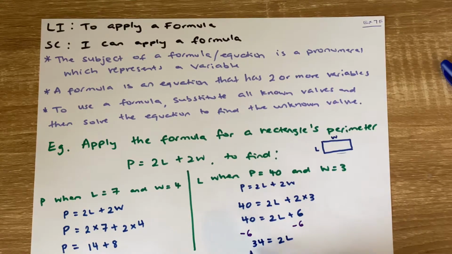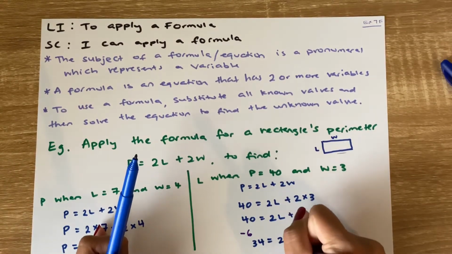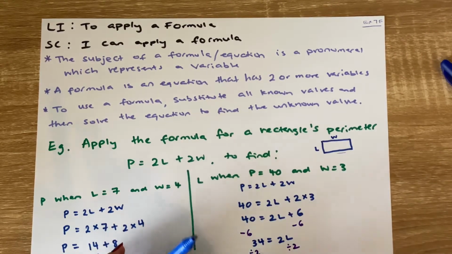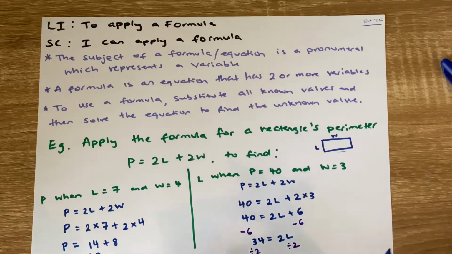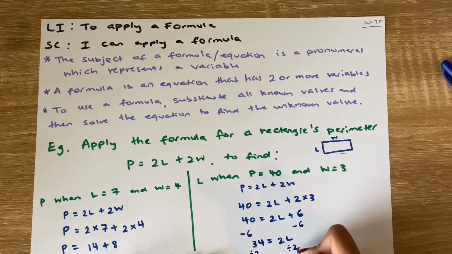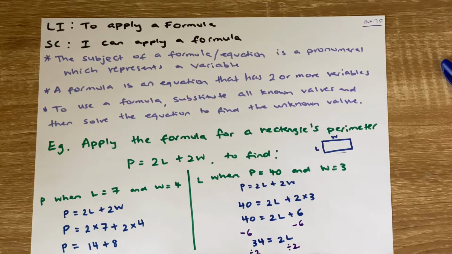Now I'm left with this. And from last session, we know that 2L is 2 times L. To get L by itself, I have to do the opposite of this. The opposite of times is dividing. So if we divide by 2, what I do to one side, I have to do to the other. 34 divided by 2 is 17. 2L divided by 2, those 2's cancel, so I'm left with L. So now I have a number on one side and a letter on the other side.